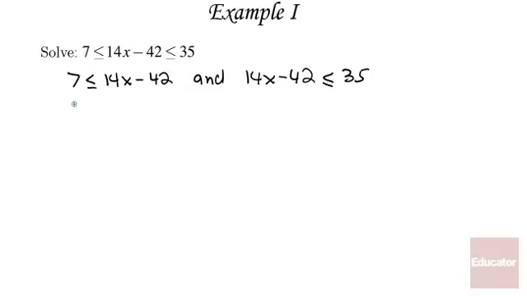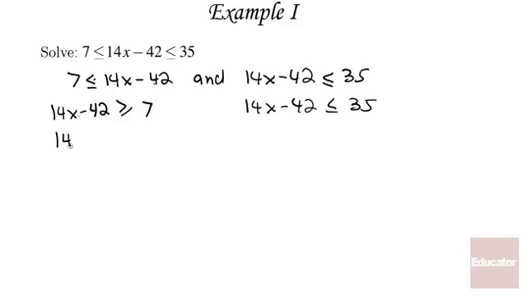All right, let's solve each of these. That's the first step. So I'm going to rewrite this with the x on the left. 14x minus 42 is greater than or equal to 7. More standard. It's saying the same thing. I just reverse the sides of the inequality.